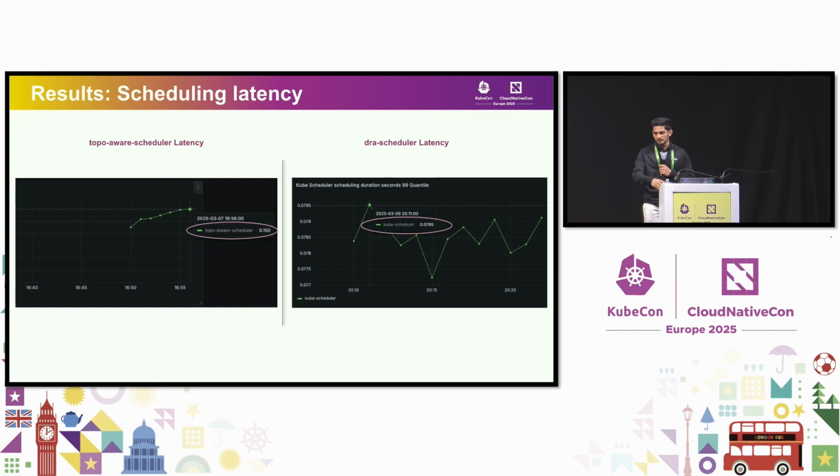On the left, you can see the topo-aware scheduler, and on the right, you see the DRA scheduler. We found out that topo-aware scheduler is twice as more latency-driven as the DRA scheduler. So this metric was a win. We are OK to take this into production.